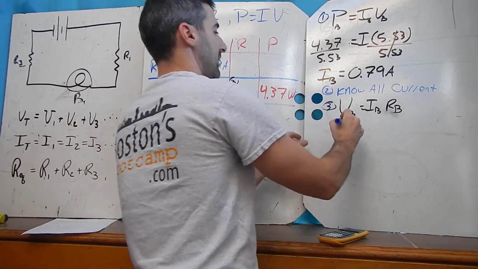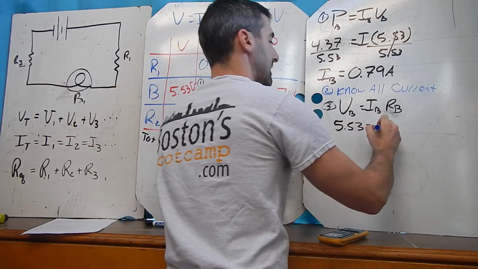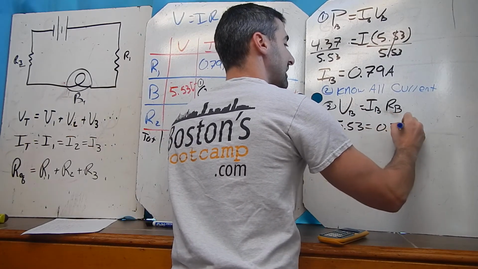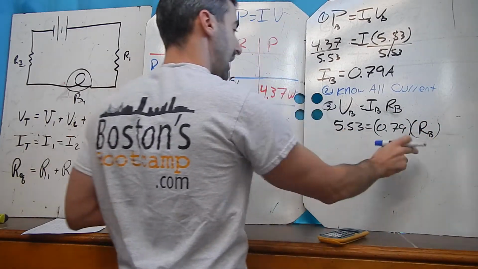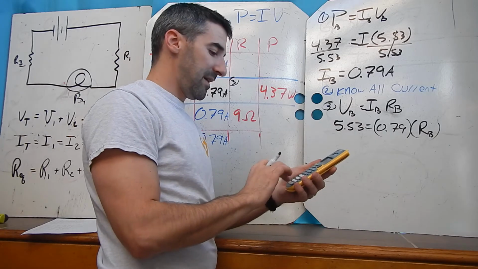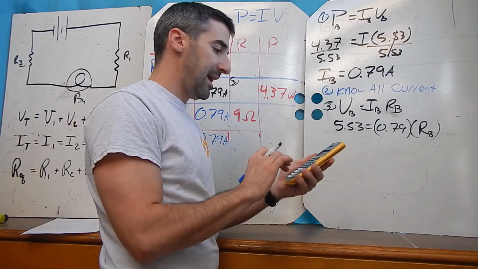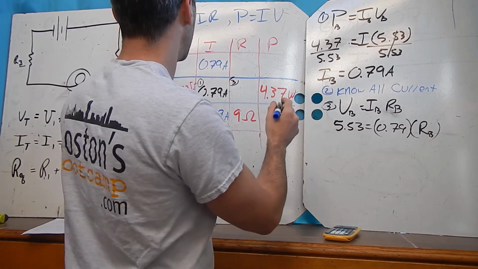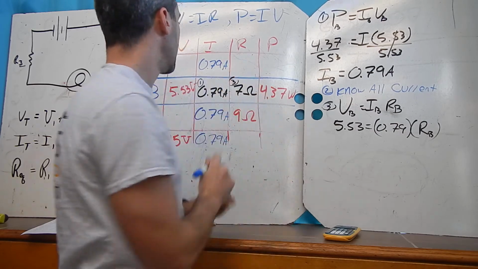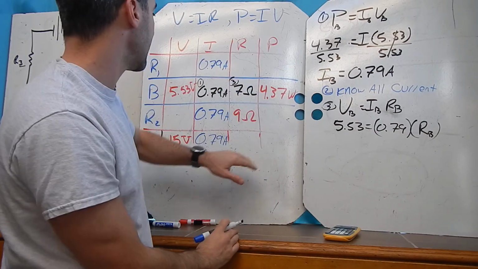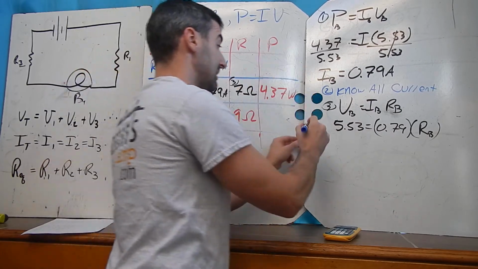So let's see, now I've got 5.53 equals what I just got, 0.79 times R bulb. I divide both sides, 5.53 divided by 0.79. I get a resistance of 7 ohms. Perfect. Still can't do anything there. V equals I times R. Step number 4.